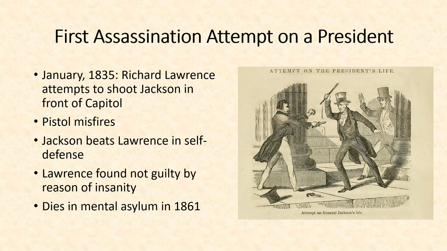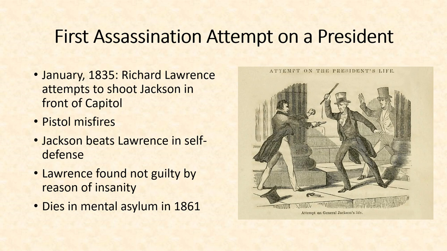Before we go, we also have to go back and recognize that Andrew Jackson was a badass on every level. Besides being a battlefield general, besides being a man who defeated the British through an alliance with pirates, he survives the first assassination attempt against an American president.